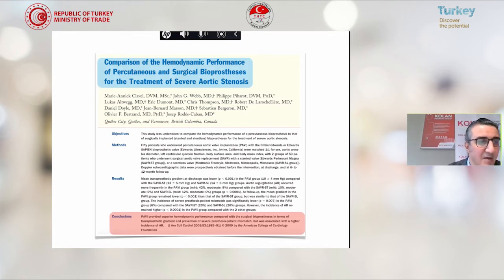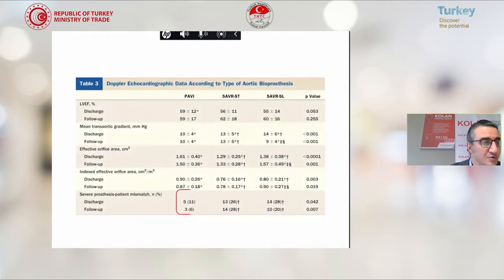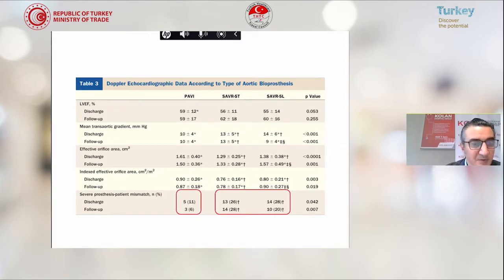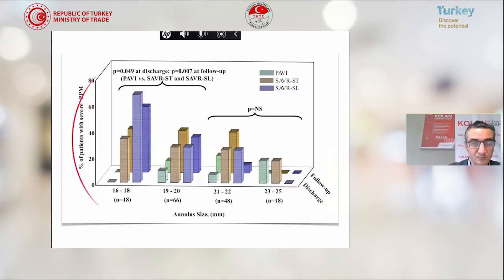They concluded that TAVI provides superior hemodynamic performance in terms of the prosthetic gradient and severe patient prosthesis mismatch. And here you see the echocardiographic data. The incidence of severe patient prosthesis mismatch was also statistically higher in the surgical aortic replacement group than TAVI.